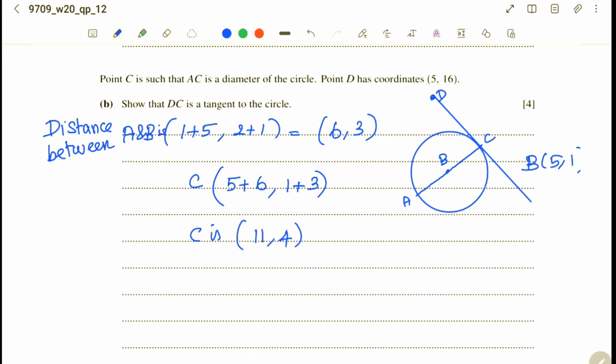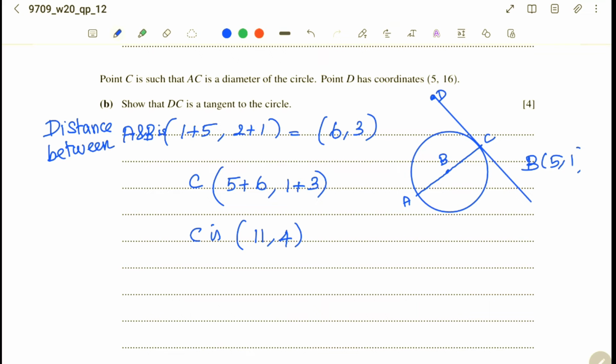So we can prove DC is the tangent to the circle if the gradient of DC multiplied by the gradient of AC is -1. If we prove this is perpendicular to the radius, that is BC, or to the diameter AC, then it is considered as a tangent.